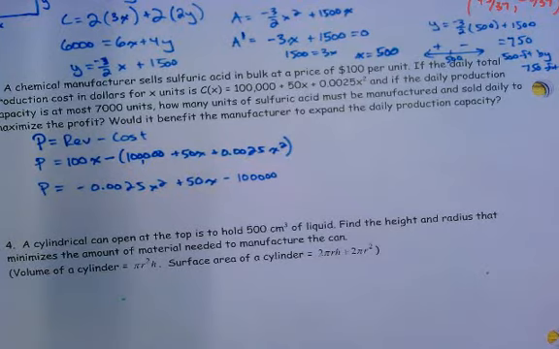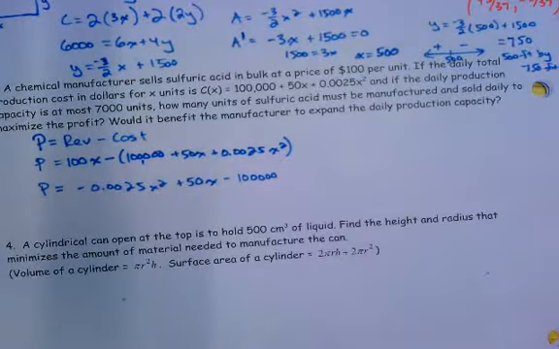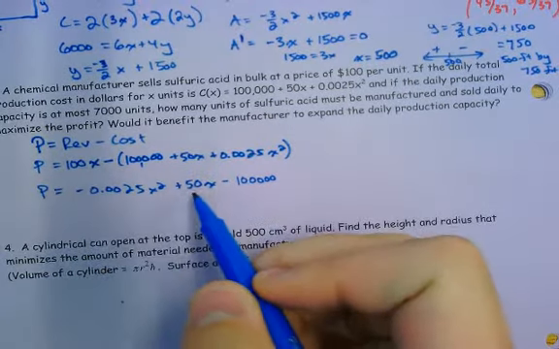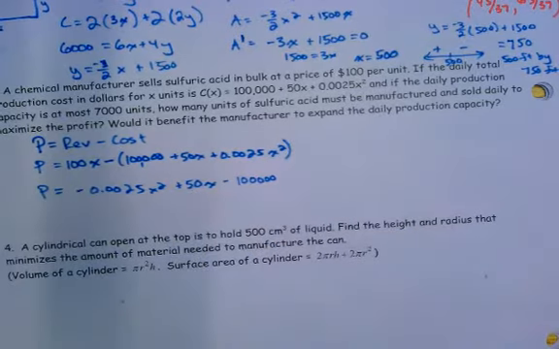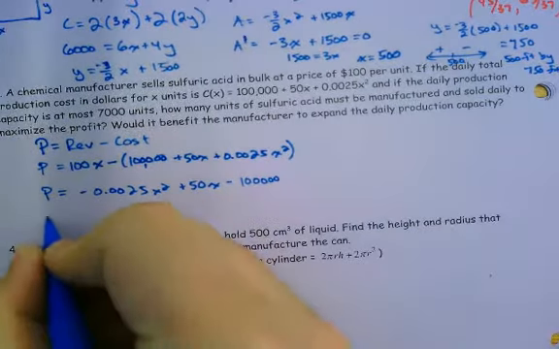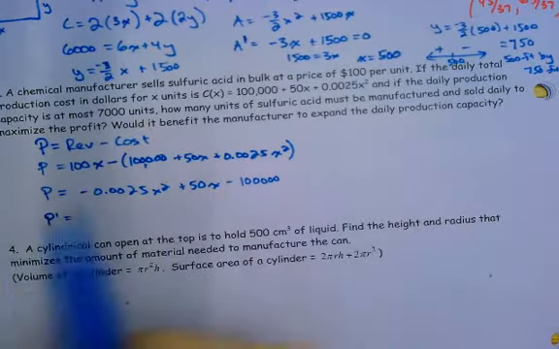Am I ready for a derivative? Yes, that's correct. We are ready for a derivative. Great answer. It was 100x here, so 100 minus 50 is 50x. Here we go, let's do my derivative.